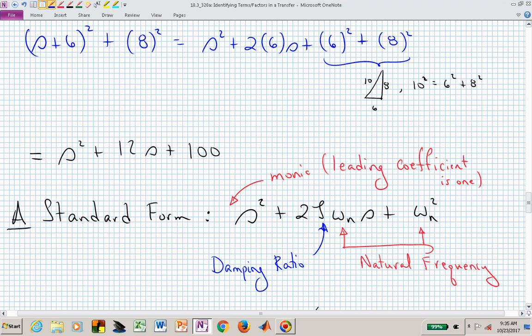So s squared has as its coefficient 1. What you would do then, if you're given a generic quadratic, is first factor out the leading coefficient on the s squared, force that coefficient to 1, and then you can start identifying the natural frequency and the damping ratio if that quadratic has complex roots.